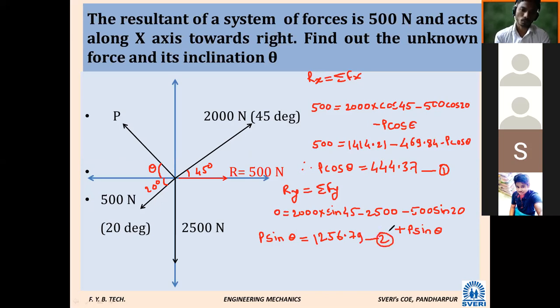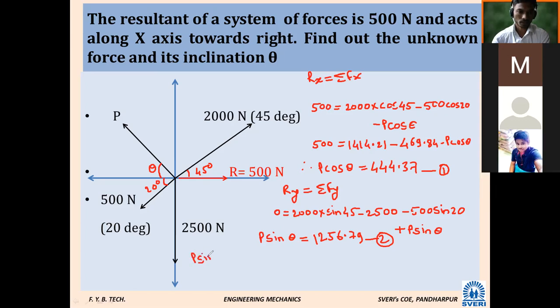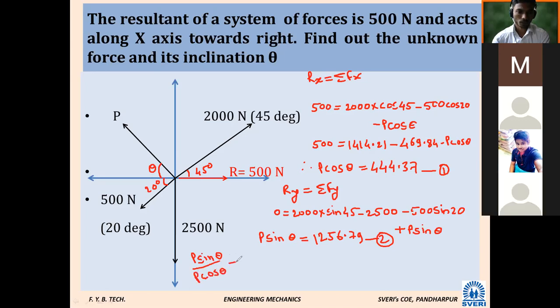Now we have equation number 1 and equation number 2. What can we calculate from equation 1 and equation 2? Theta. So if I divide, I write P sine theta upon P cos theta equal to 1256.79 divided by 444.37.